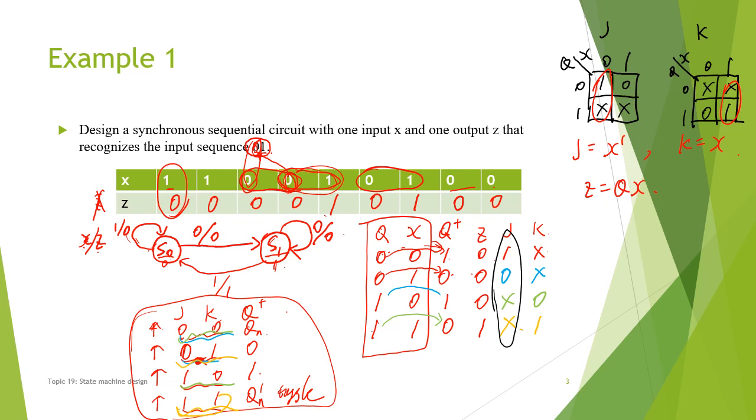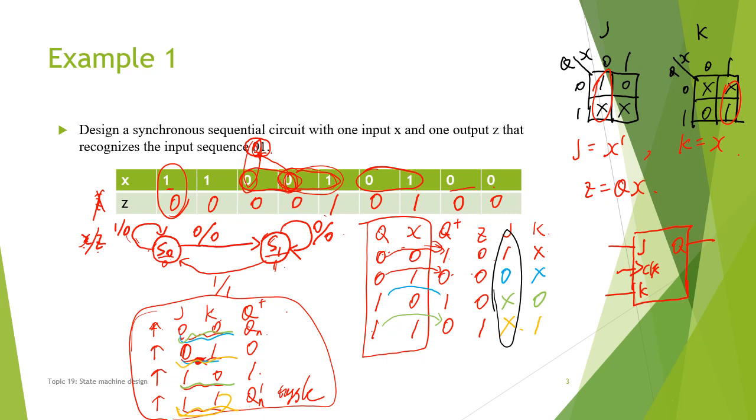So once we have this, then we can draw the circuit. So we have a JK flip-flop here. This is the clock input. This is the J input, K input, Q output. Then we have x input.